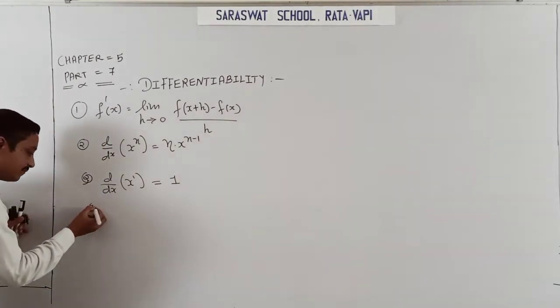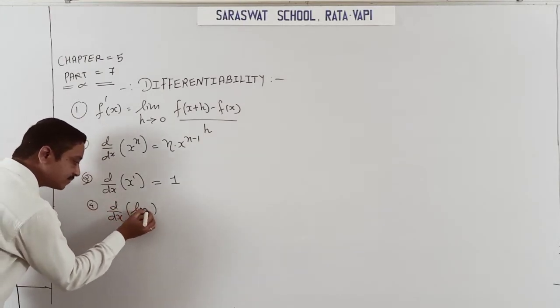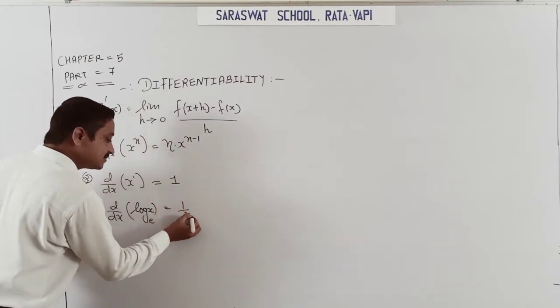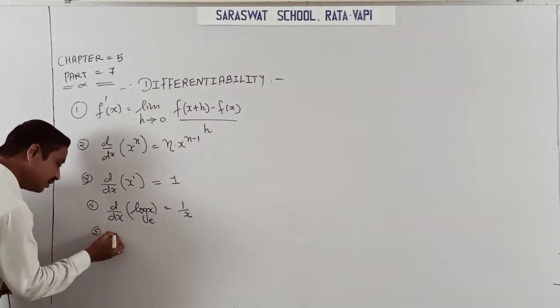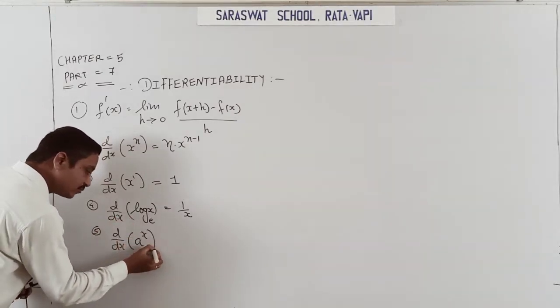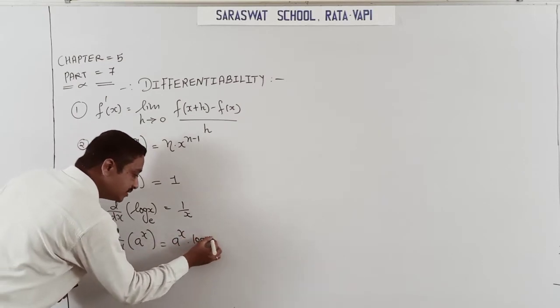Fourth, d/dx of log x is 1 by x. Continue, fifth one, d/dx of a raised to x is a raised to x into log a.